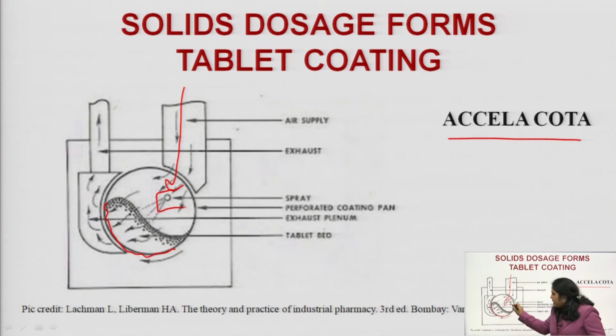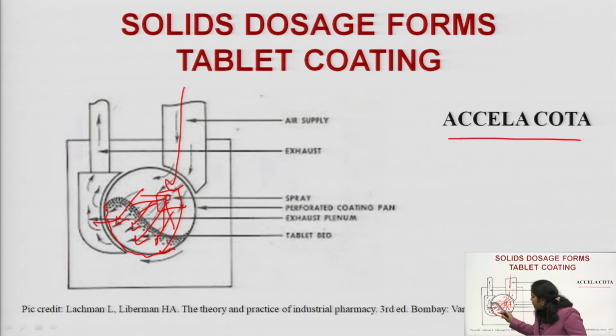There was a mechanism for spraying the coating solution on this tablet bed. Hot air is coming from here, and this hot air passes through, penetrating this tablet bed, moving through the whole bed, and going out through this perforation.